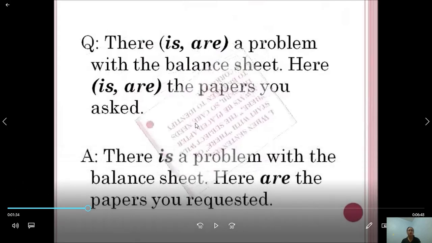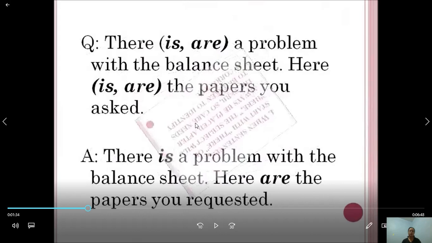What is the subject here? There are a problem with the balance sheet. The subject here is a problem, which is singular. So the singular between is or are is is. So, there is a problem with the balance sheet.